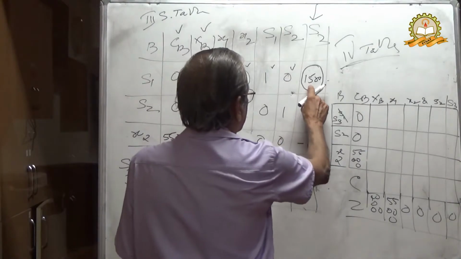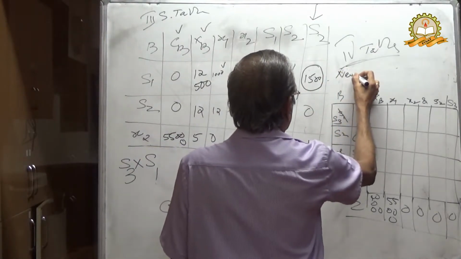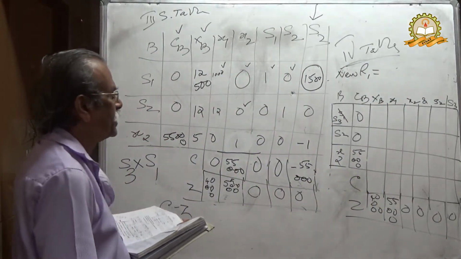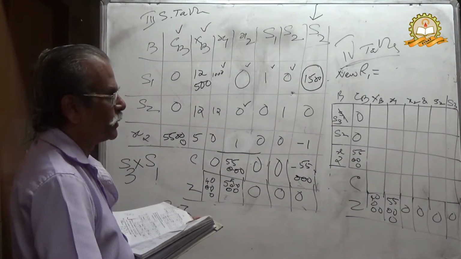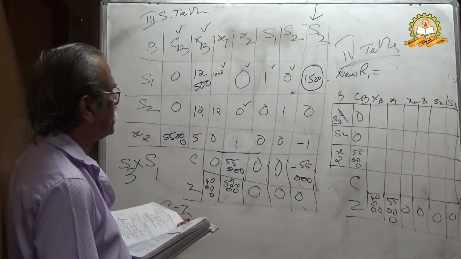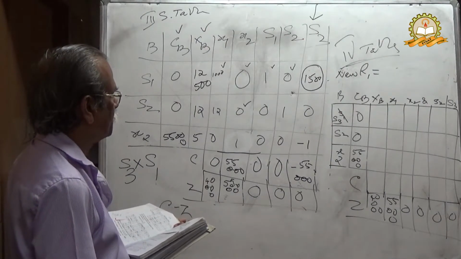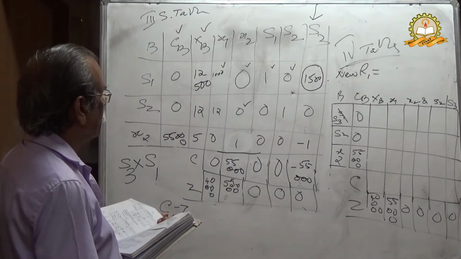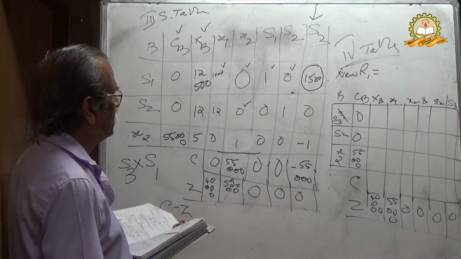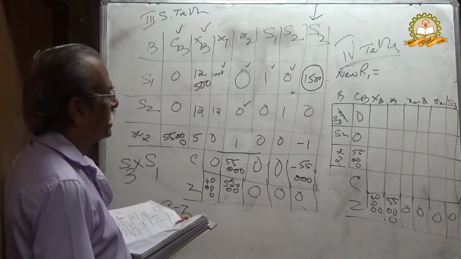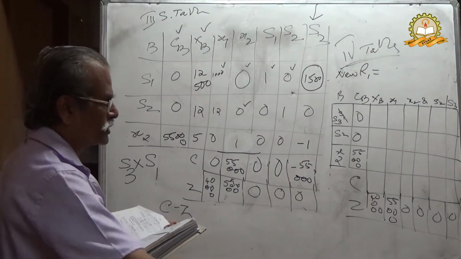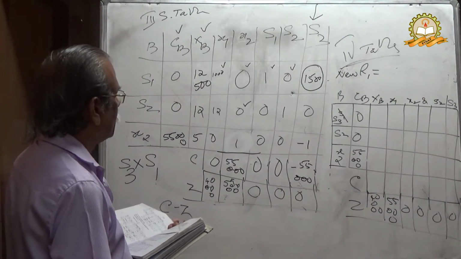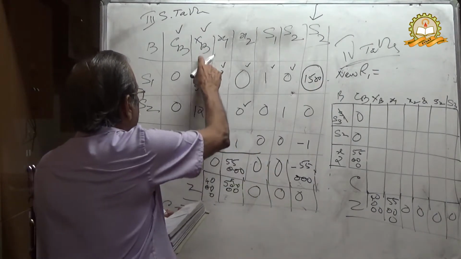Therefore, consider new row R1 equal to, here 1500 under S3 is the pivot number. Dividing throughout by 1500, row S1 changed over into S3.